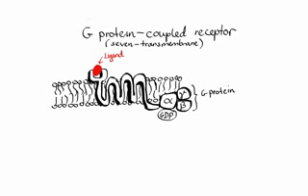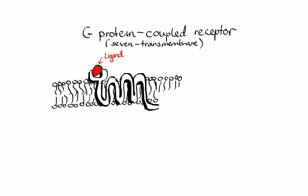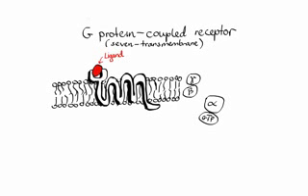However, when ligand binds to the receptor, the affinity for GTP increases, so then GTP replaces GDP. This in turn causes the alpha subunit to dissociate from beta-gamma complex, and then both of these complexes go to interact with other enzymes or proteins, which they can alter and regulate, ultimately leading to some kind of a response.